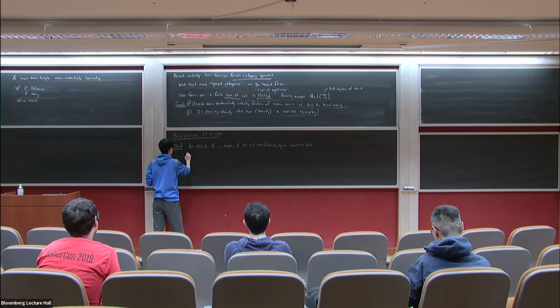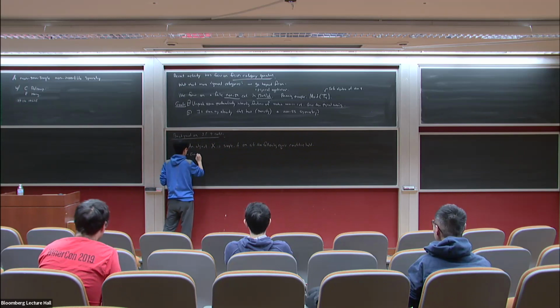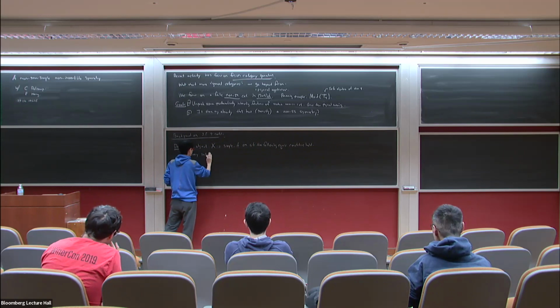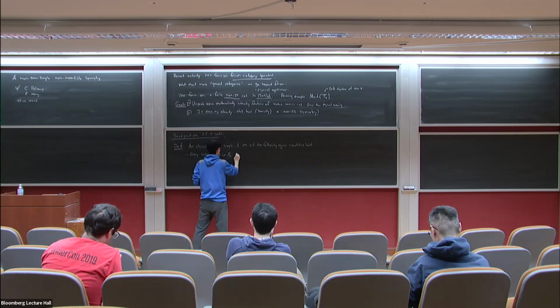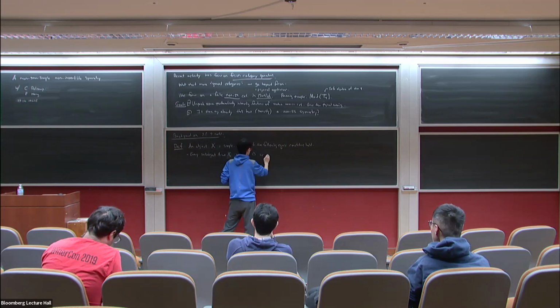The first is every sub-object A inside X is either 0 or an equivalence.